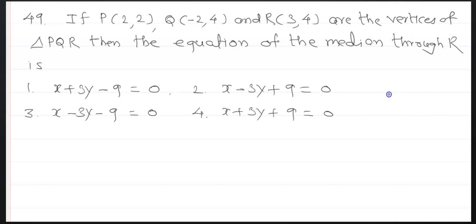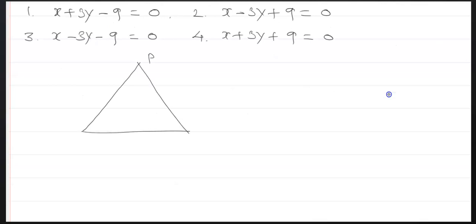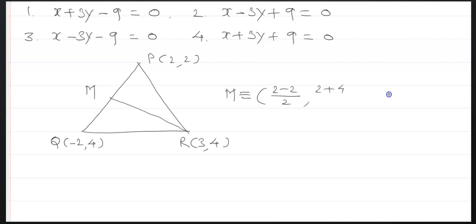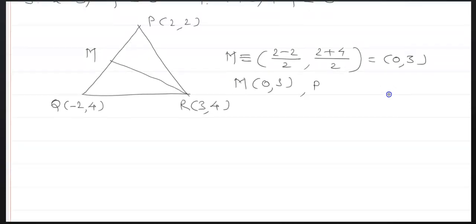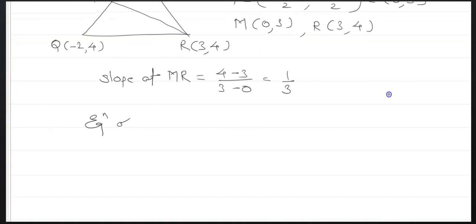M is the midpoint of PQ, whose coordinates are (0, 3). R is (3, 4). Slope of MR is 4 minus 3 upon 3 minus 0, which is 1 upon 3.